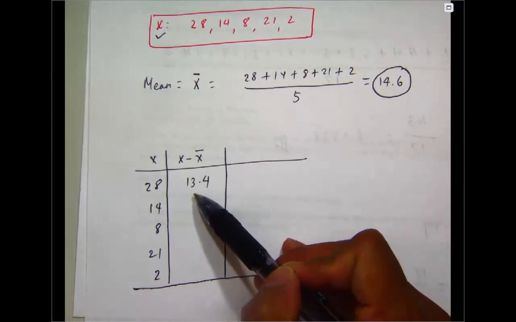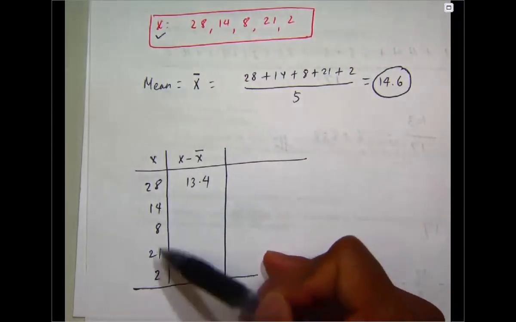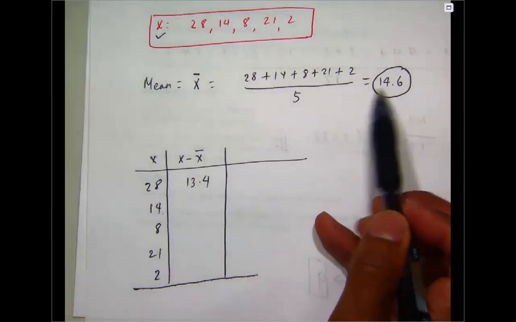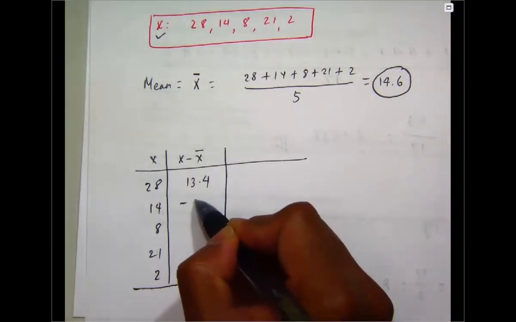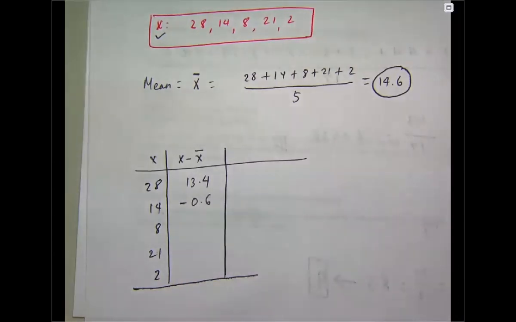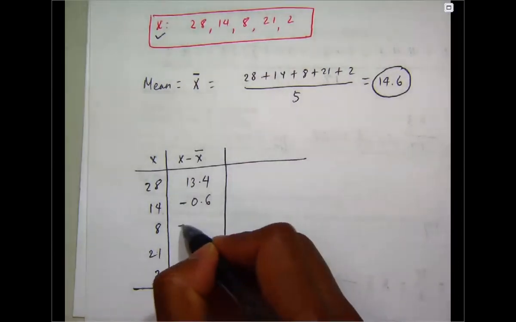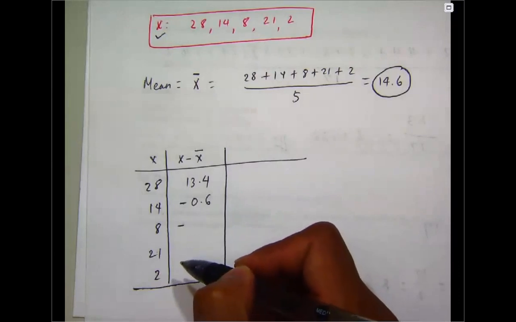And you are going to repeat the same thing for each of them. 14 minus 14.6 is, second, negative 0.6. 8 minus 14.6 is negative, is that 6.6?